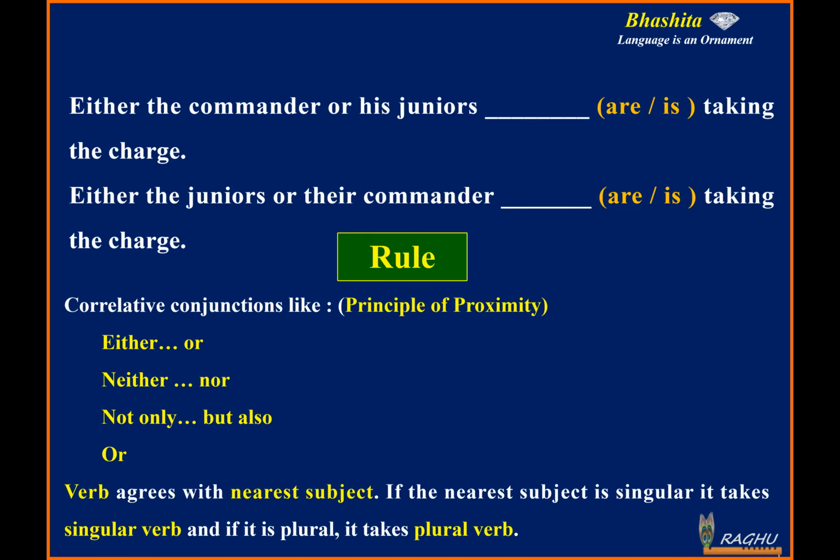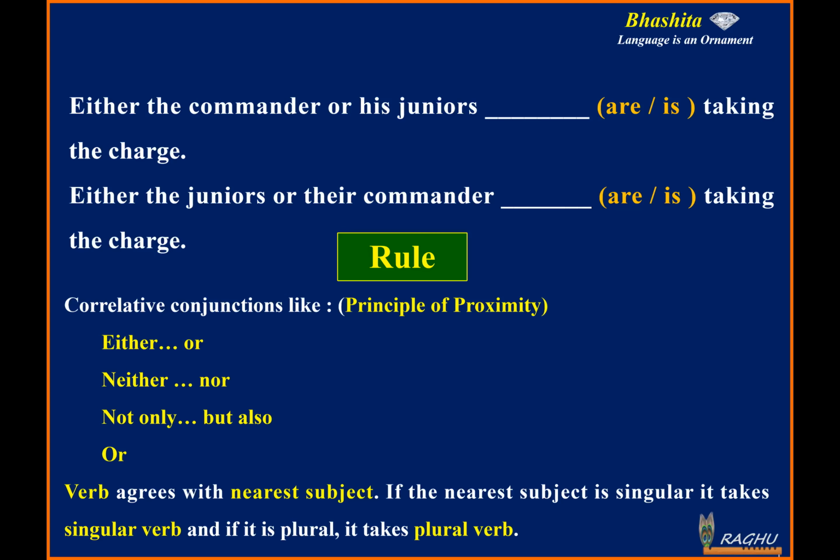This rule is applicable for correlative conjunctions like either or, neither nor, not only but also. So what is the rule here? If a sentence is formed by using correlative conjunctions like either or, neither nor, not only but also, in such kinds of sentences, the verb always agrees with the nearest subject.